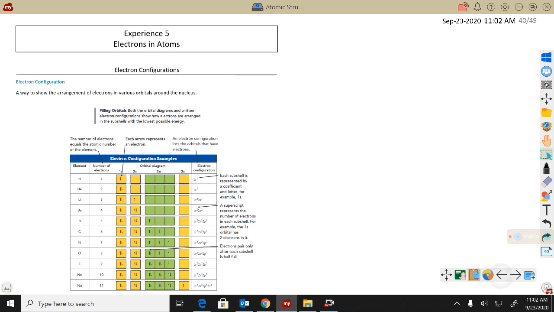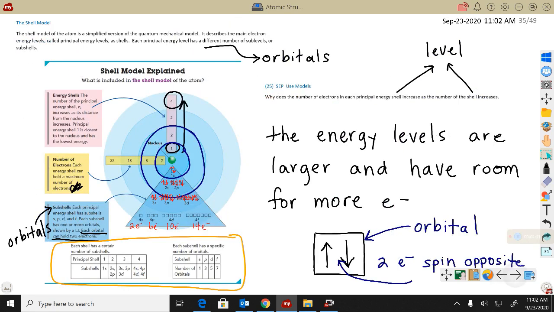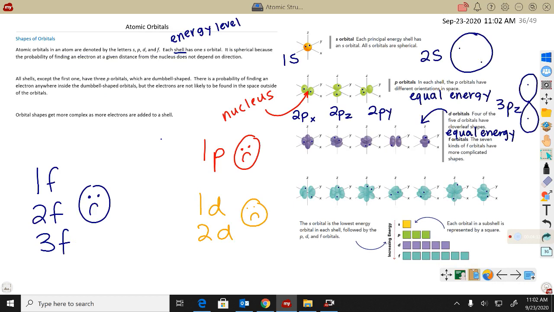And realistically, going back to this picture, it's kind of a roadmap. Or I could say, the first 2 electrons go in the 1s orbital, and then next I would put electrons in the 2s, and then I'd go to the 2 p's. And then eventually I'd have d's and maybe f's.